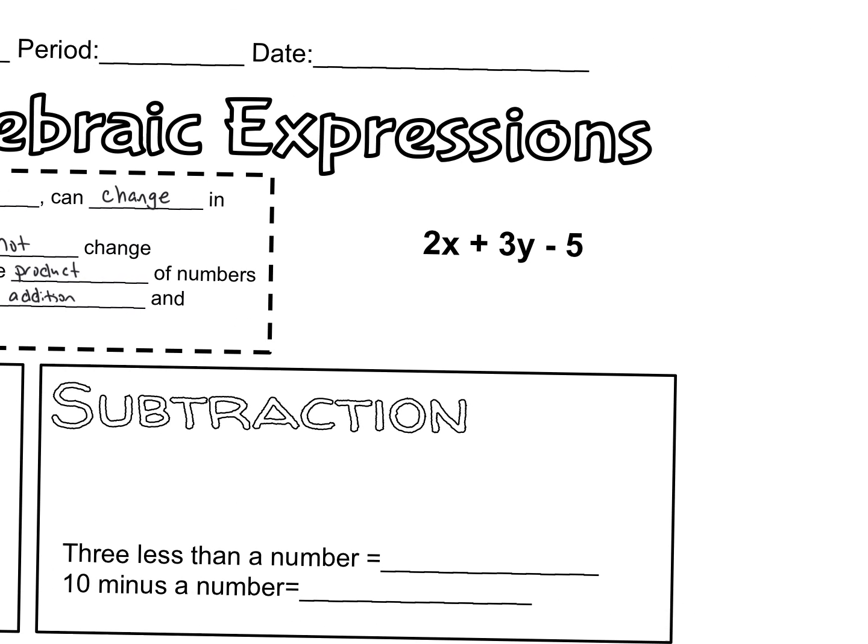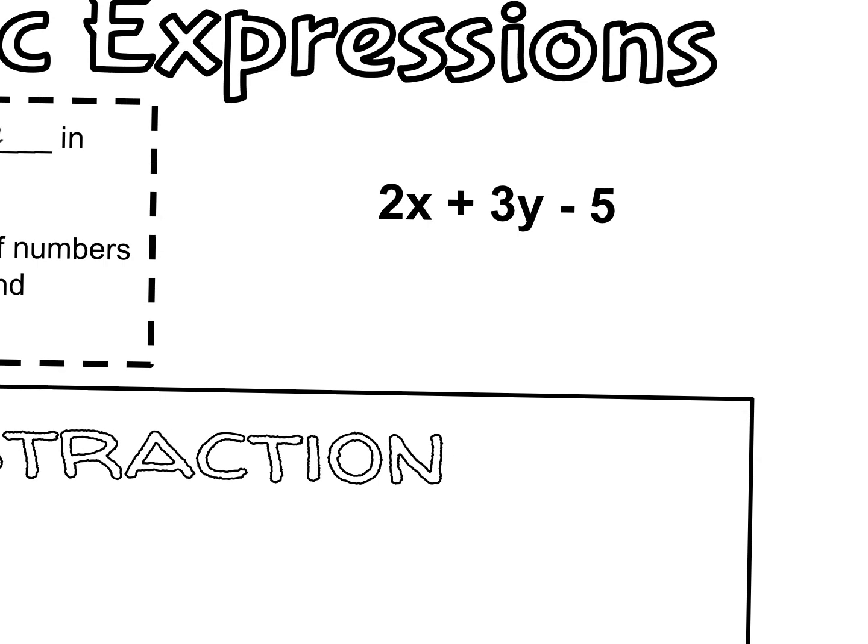So this here, 2x plus 3y minus 5, is an example of an expression. And it's an expression and not an equation because it doesn't have an equal sign. So that's kind of the difference between an expression and an equation. All of these, 2x, 3y, and that 5, are the terms.